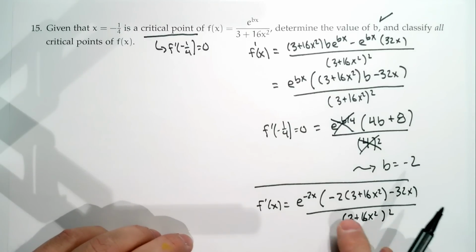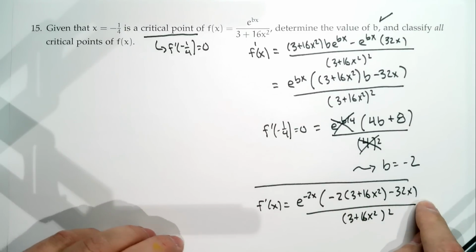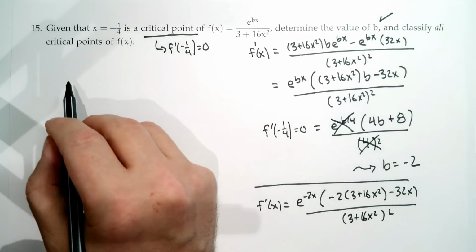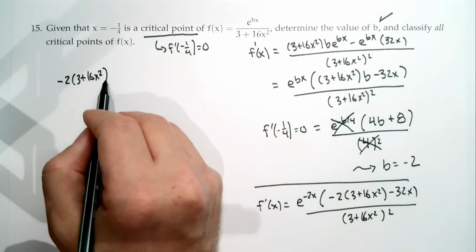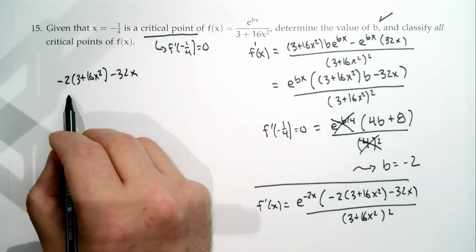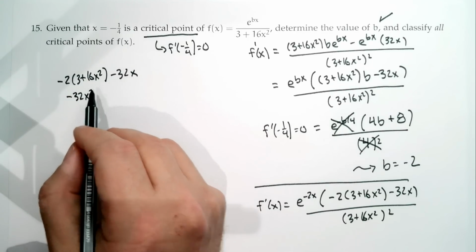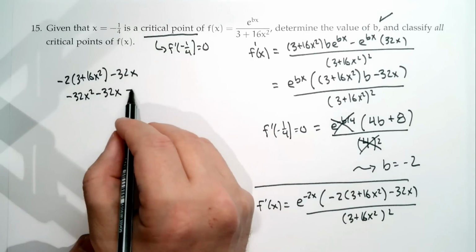And where do we want to put our energy? We want to put our energy up here into this part. So let's focus on that: negative 2 times 3 plus 16x squared minus 32x. If we expand this out, we get minus 32x squared, and then we get minus 32x, and then we get minus 6.